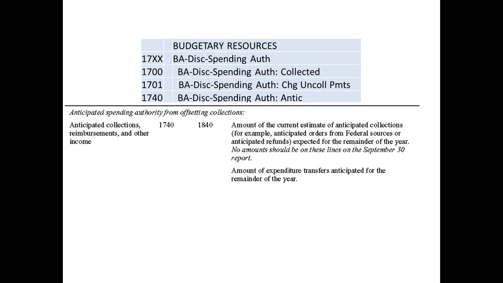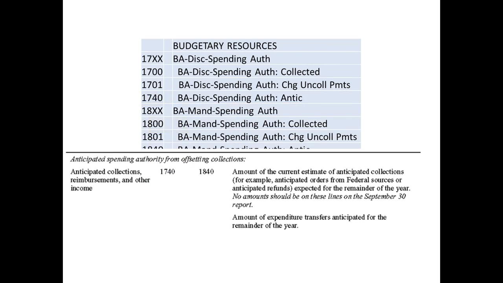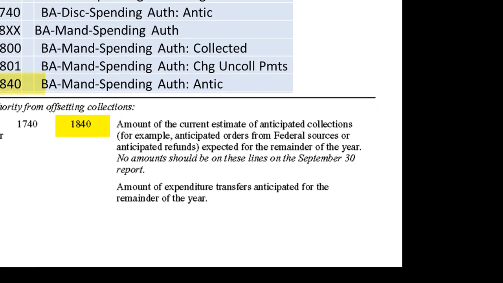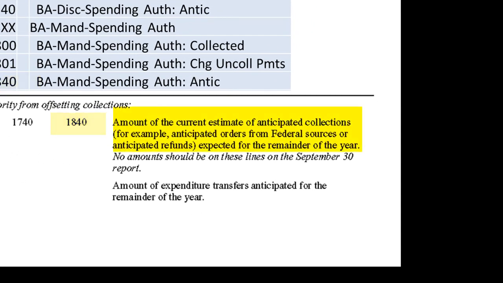Anticipated spending authority from offsetting collections appears on line 1740 for discretionary collections and 1840 for mandatory. Note the definition: the amount of the current estimate of anticipated collections expected for the remainder of the year.